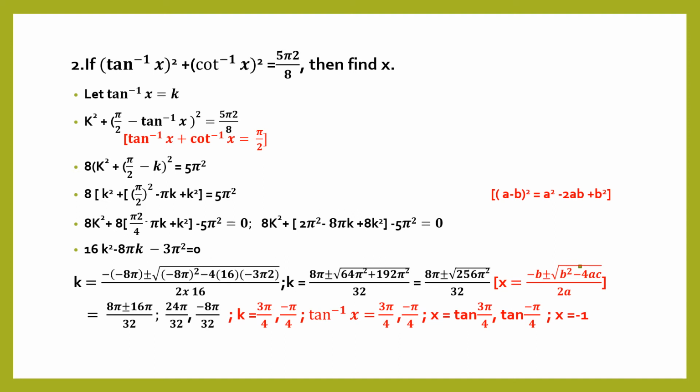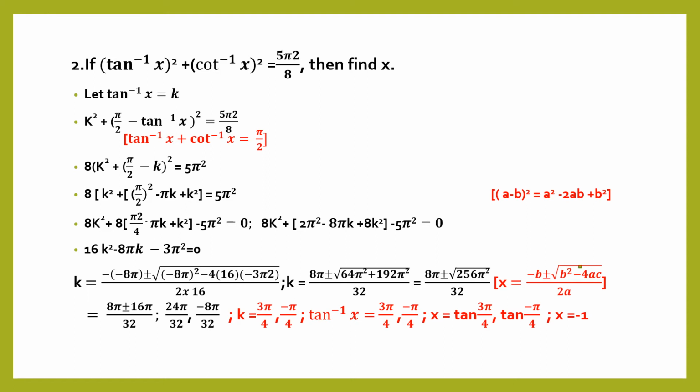So when you substitute, we can see that 8 pi plus or minus, inside the root it will be 256 pi square, and you know that root of 256 pi square is 16 pi, and now you will get (8 pi plus 16 pi) by 32, and (8 pi minus 16 pi) by 32 is the second value. So when you simplify, 24 by 32 will become 3 by 4, so 3 by 4 pi, and the other value will become minus pi by 4.